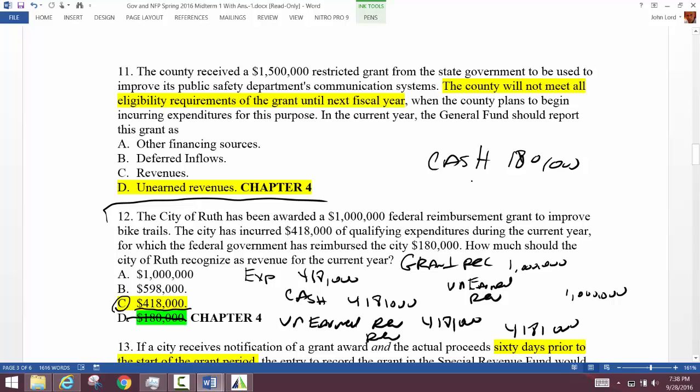Grant receivable, right? Whenever it comes in, they'll finally go ahead and debit the cash, credit the grant receivable, right? But the revenue recognition in a reimbursement type situation is leveraged off of what you spent. Okay? Okay, good.